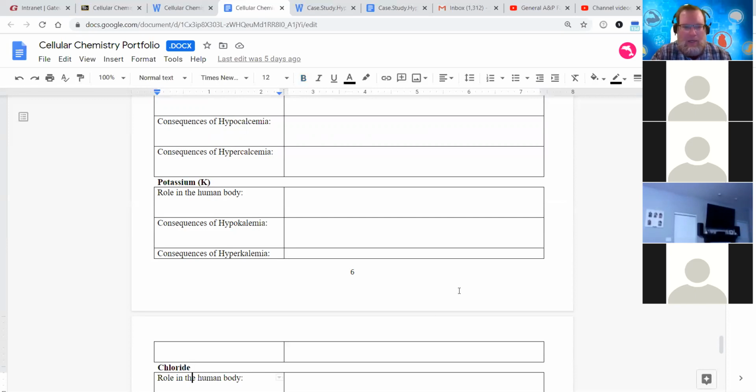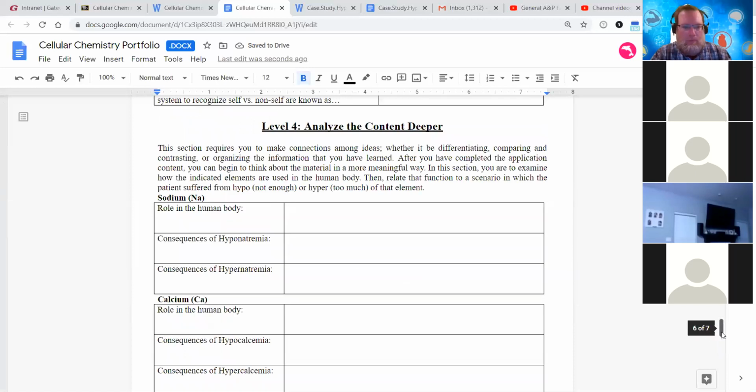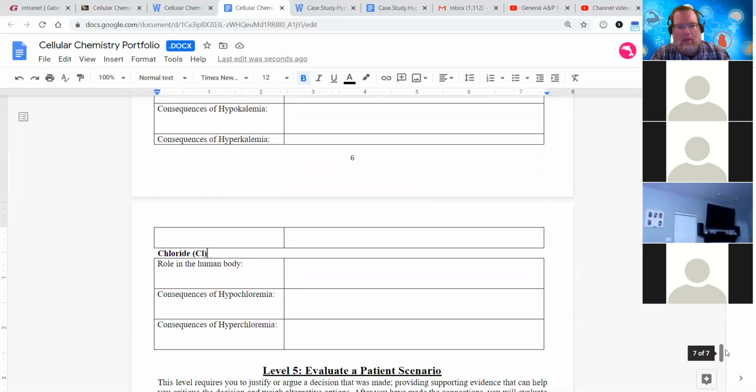And then lastly, chloride. I don't know what happened there. My CL disappeared. Chloride is kind of like calcium, where the term and the root go together. Those are nice when that happens. We had roots that actually made sense, right?